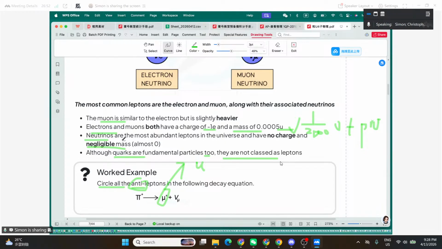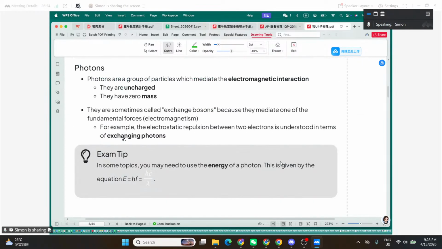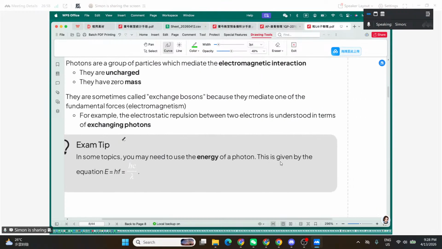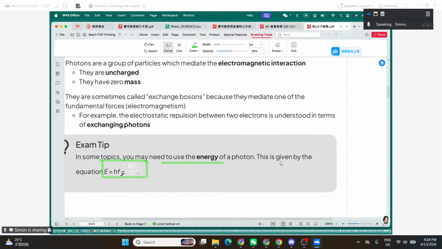Okay, and look at this one. This one uses the energy of a photon. This is the photon equation. The h is the constant, the Planck constant, and the f is the frequency.